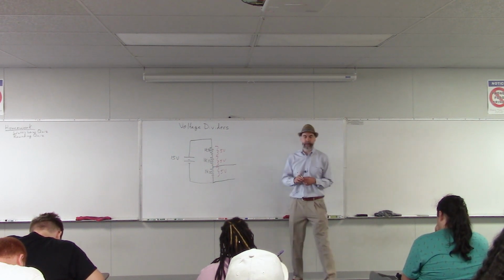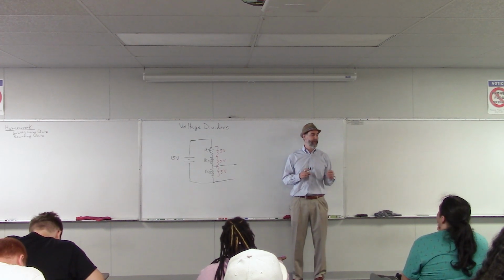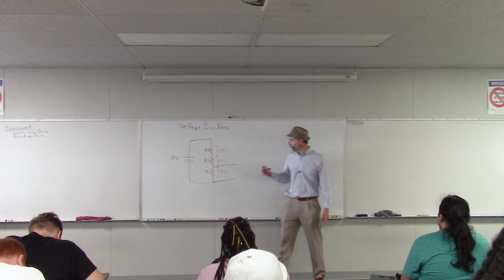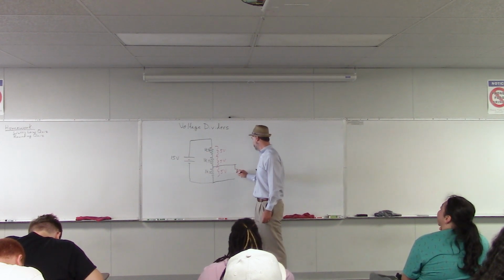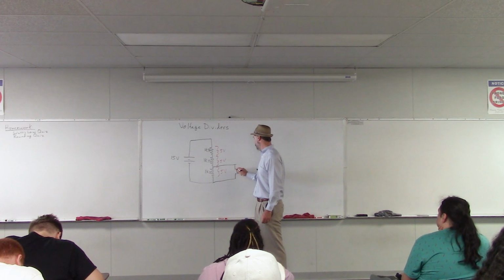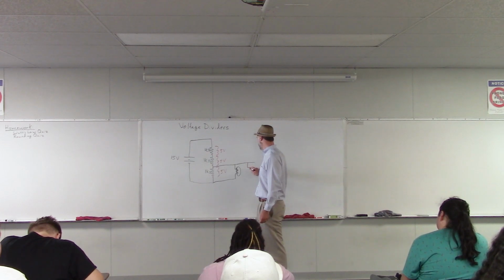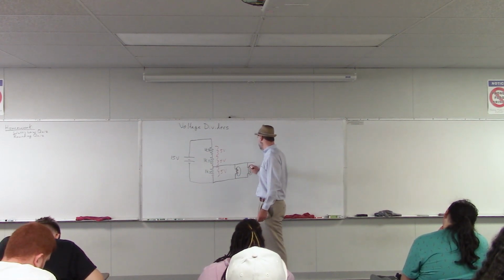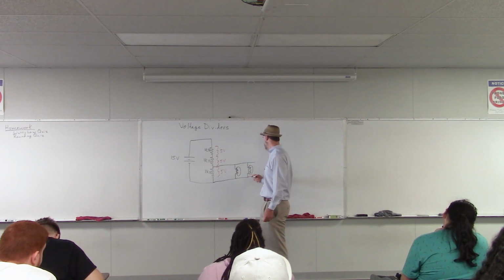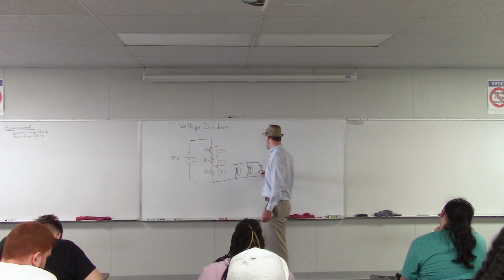Let's say we had a bunch of lights, and those lights needed 5 volts to power them. We'll draw a light like that. That'll be a little light bulb. So we could put a bunch of light bulbs here. Something like that, say.